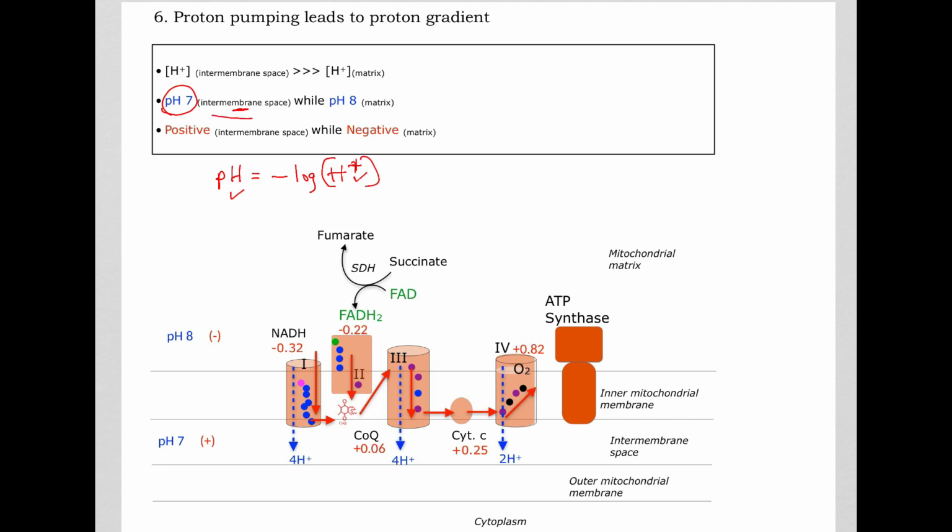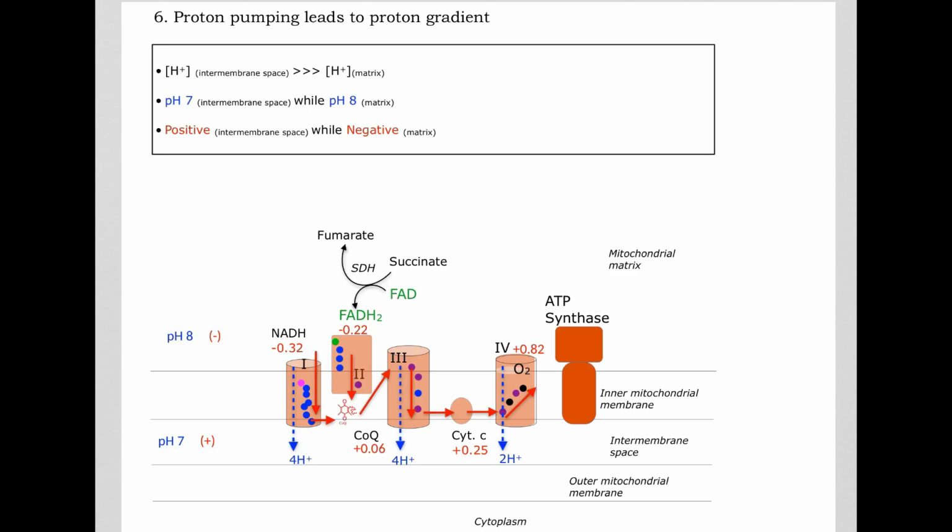So the intermembrane space actually has a lower pH of 7, while the matrix has a higher pH of 8. In addition, protons are positively charged. That means the space where there are a lot of protons will have a net positive charge compared to the matrix, which will have a negative charge compared to the space.